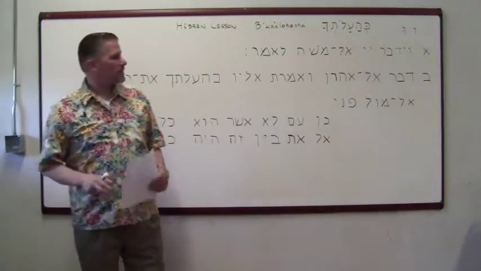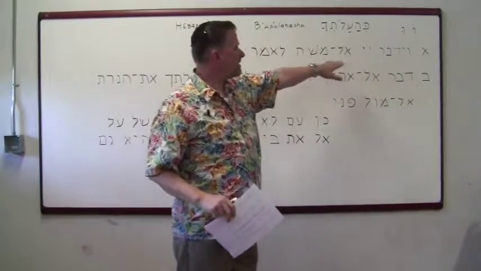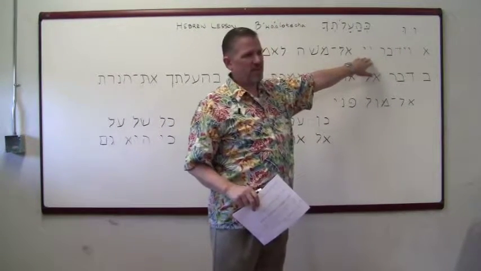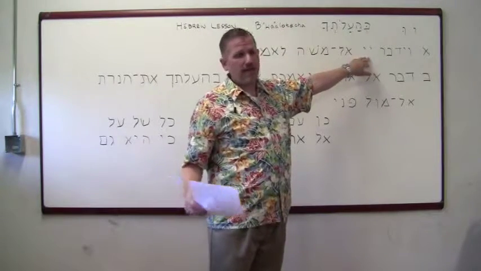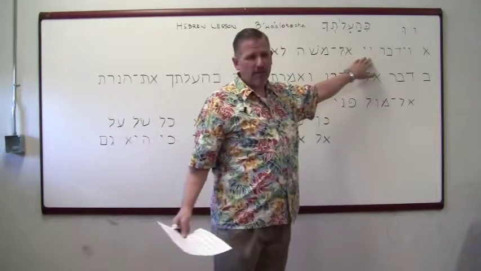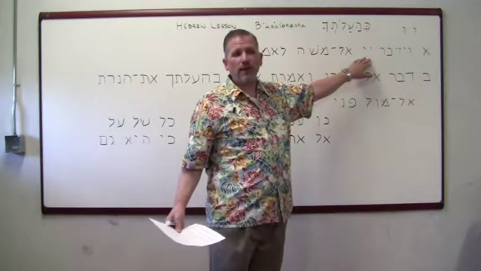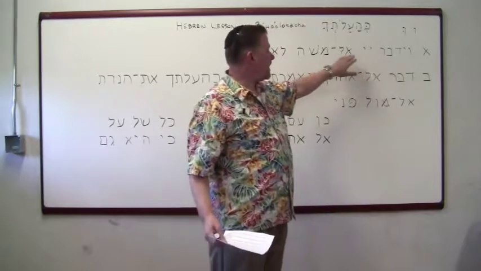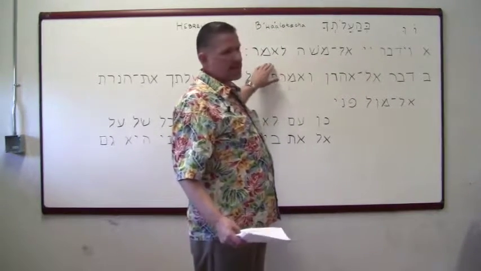So, who knows? Deber, Adonai. This is the abbreviated way of writing Adonai, so that I don't write it all out and then have to erase it on a whiteboard. We'd rather not write the divine name of God in a manner that we have to erase or throw it away, right? So, Deber, Adonai, El Moshe, Lemor.